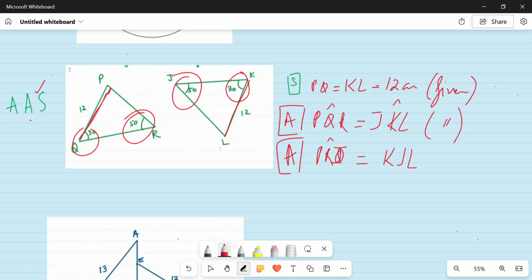And you know that the center name is actually the vertex of that angle. We are talking about that particular angle. So that is also given.